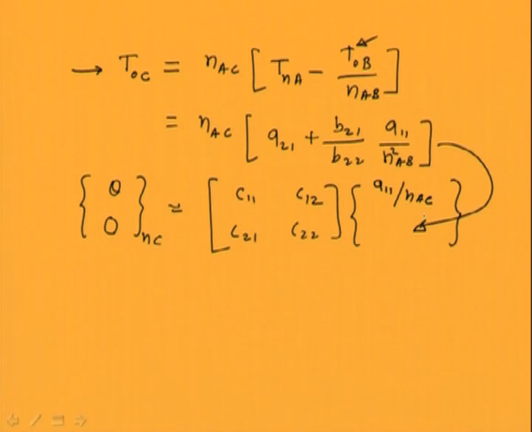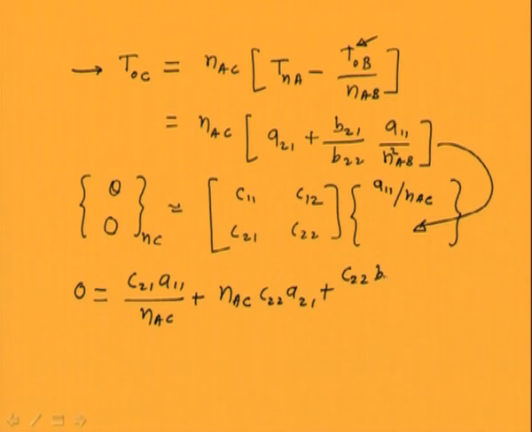Once we have substituted here, from the second equation we get an equation of this form, which is nothing but the frequency equation of this branched system. It is a slightly bigger expression, but for completeness I am writing this.